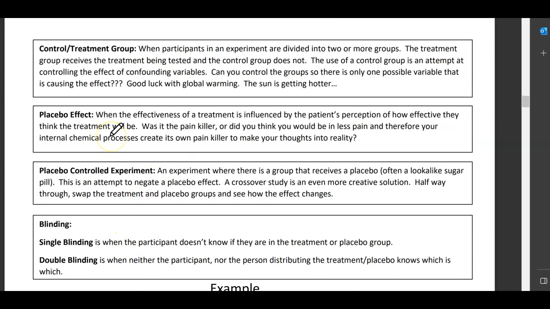The placebo effect, they used to think that this was just made up, but it's actually the body, your belief in something, having the body create the chemicals. If any women have gone through childbirth naturally, you know your body has the ability to create whatever painkillers you need in the moment to make it so that you live through that. Same thing with testosterone.